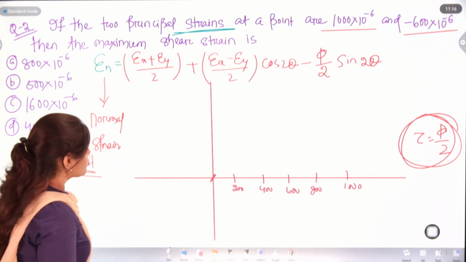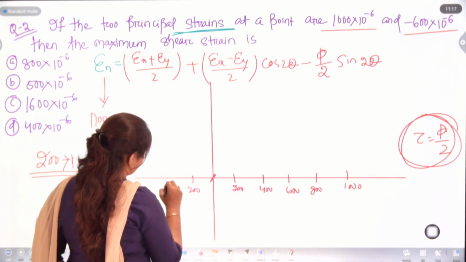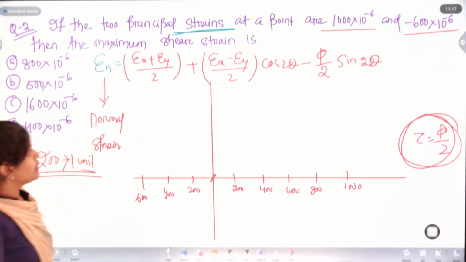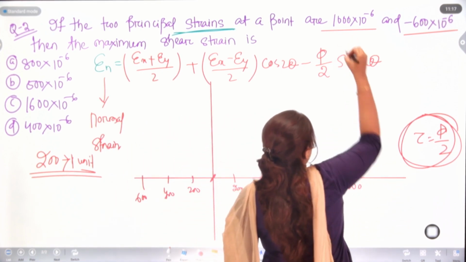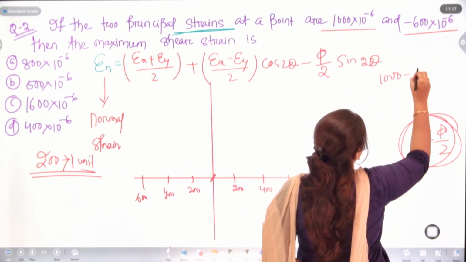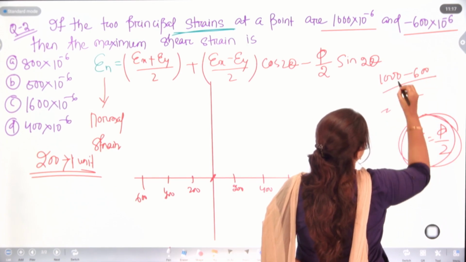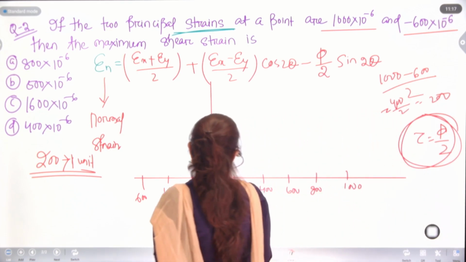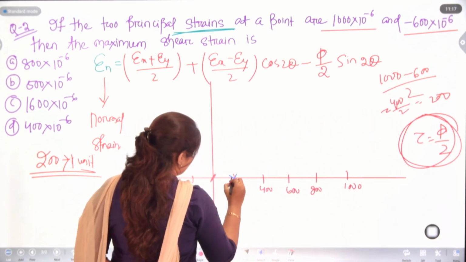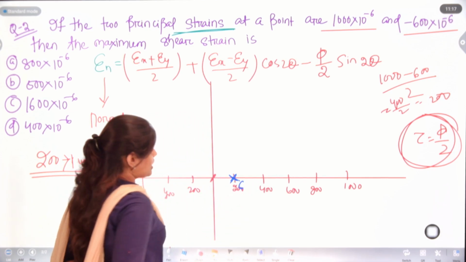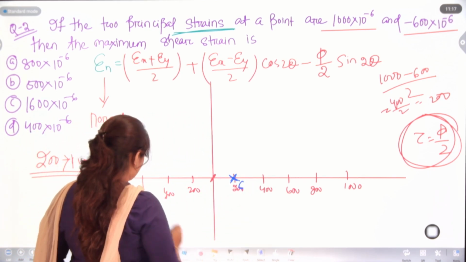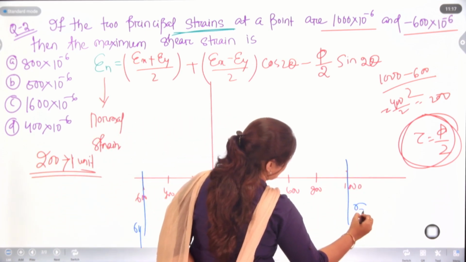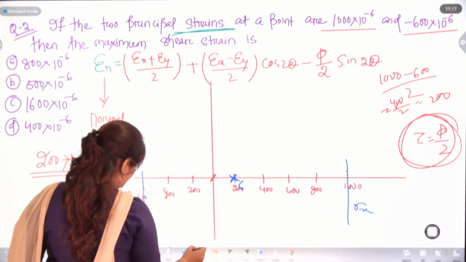Right? Here also 200, 400 and 600. So, our center will be by the same process, minus 600 upon 2. So, we have 400 by 2, that will be 200. Here we have the center, let us take it as C. So, from this sigma y point to this sigma x point, we can draw the Mohr circle.